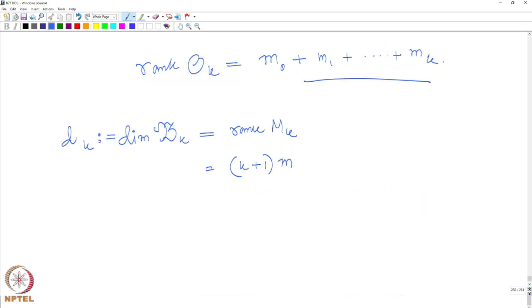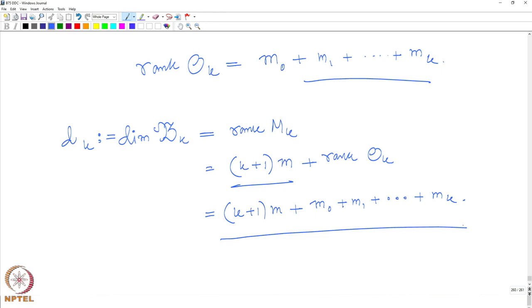So that is k plus 1 times m plus rank of O k, which equals k plus 1 times m plus M0 plus M1 plus dot dot dot up to M k. Lovely, isn't it? That is the dimension of d k.